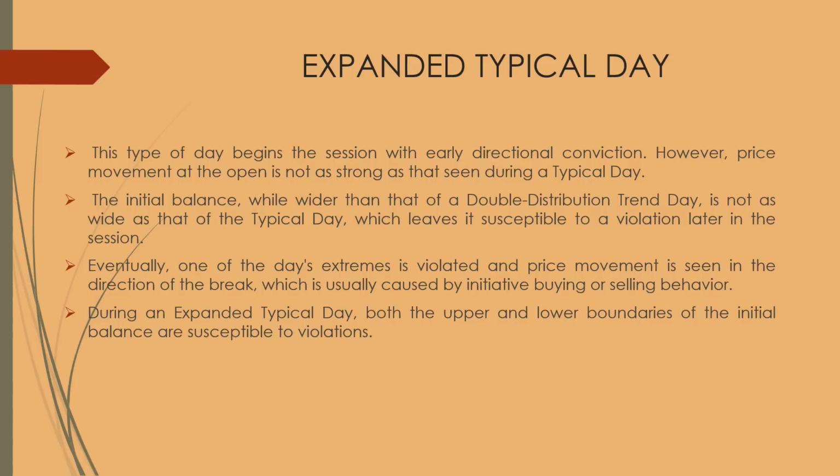Eventually, one of the day's extremes is violated and price movement is seen in the direction of the break, which is usually caused by initiative buying or selling behavior. During an expanded typical day, both the upper and lower boundaries of the initial balance are susceptible to violations.